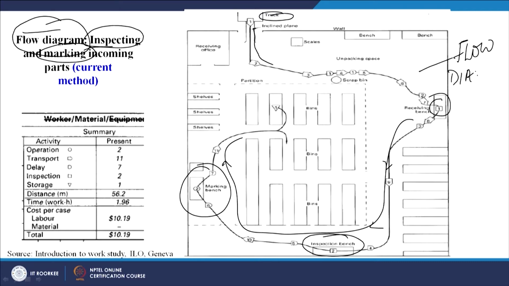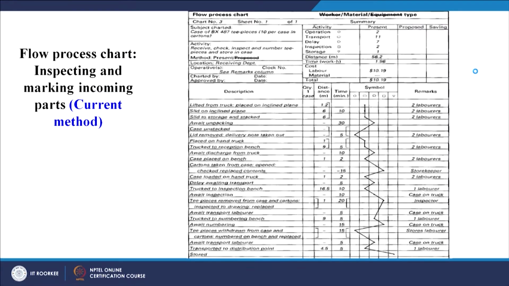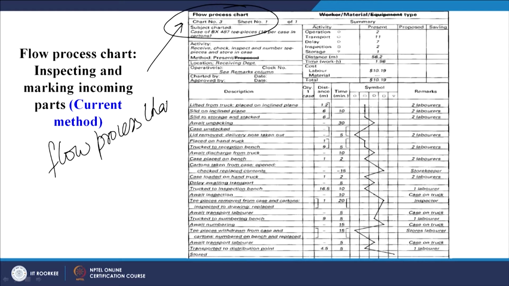Now what is the flow process chart based on this? This is the flow process chart. Now in flow process chart, clearly it is written here, flow process chart. So if you are doing a course, you must be able to differentiate between the flow process chart and the flow diagram.